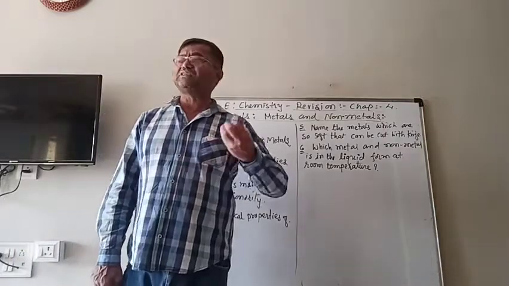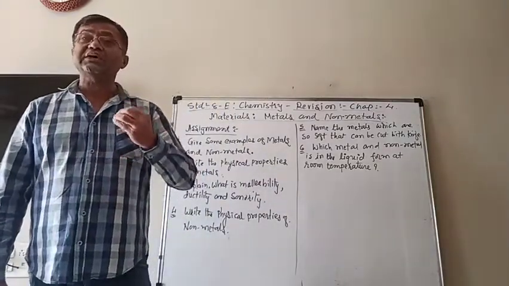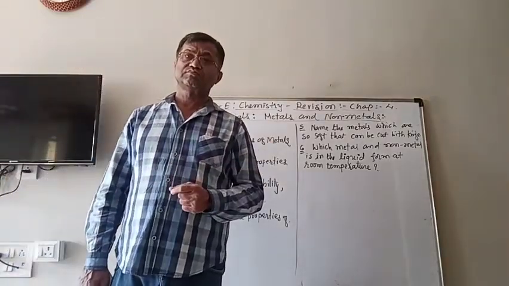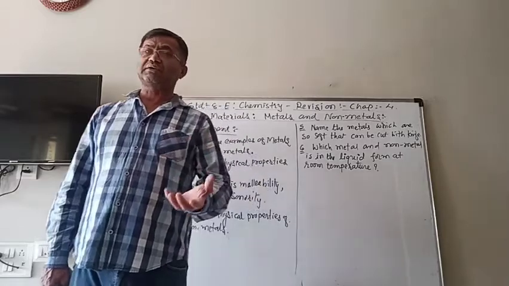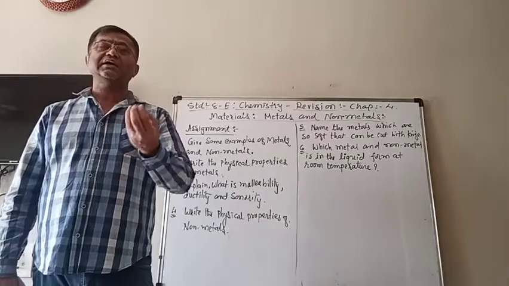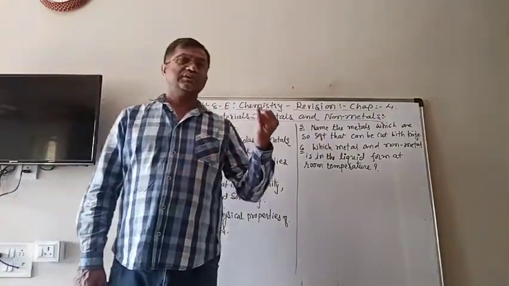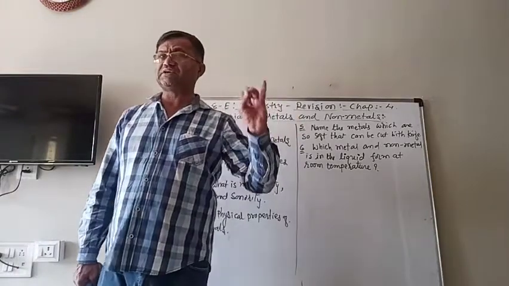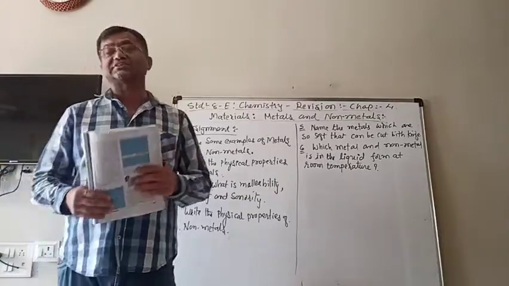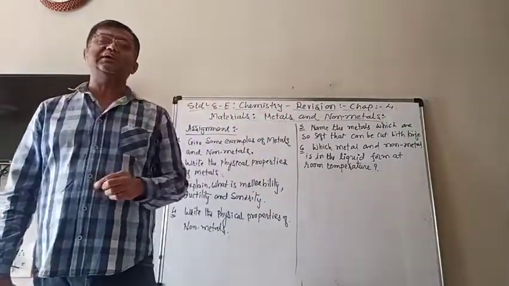Similarly, because they are good conductors of heat, all our cooking utensils are made from metals, so that heat can pass through them and cook the food. The exception is mercury, which is a little poor conductor of heat.